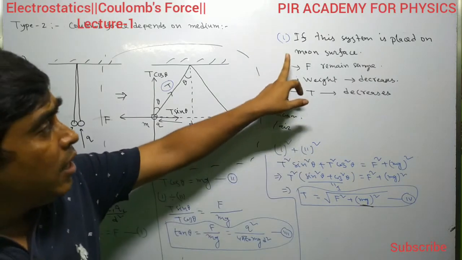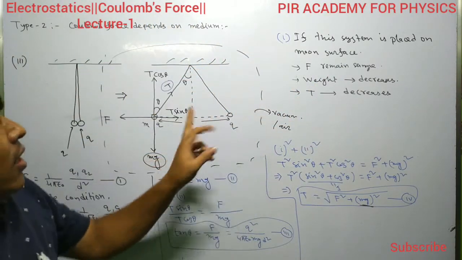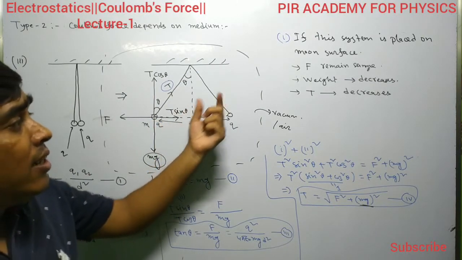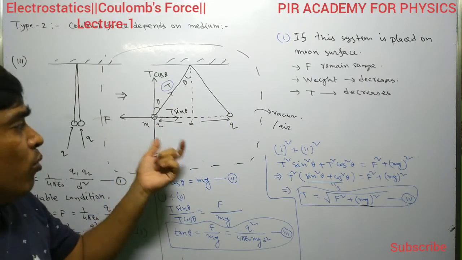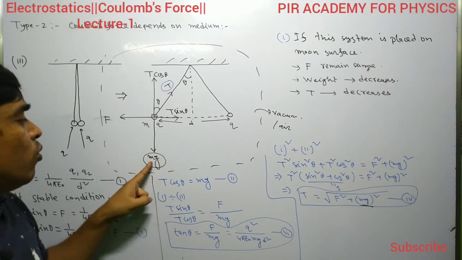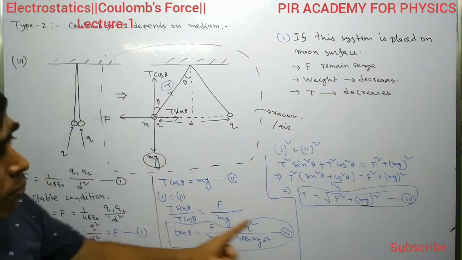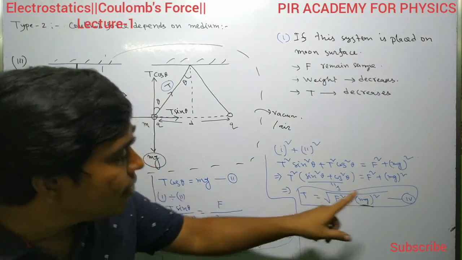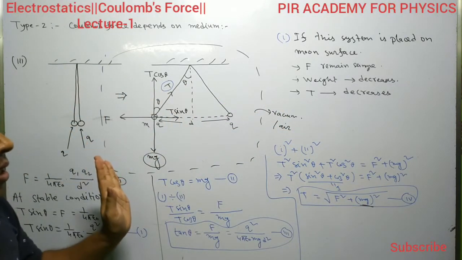So if this system is placed on the moon surface, then the force between the two charges remains the same because there is a vacuum. Number 2, g is less on the moon surface, so the weight of this mass will decrease. If the weight decreases, then the tension of this wire decreases, that means T will decrease.